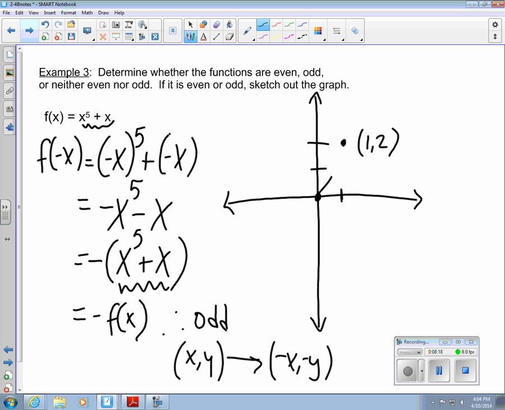And this is going to be kind of a really rough sketch. And because we know this is odd and symmetric to the origin, we also have the point negative 1, negative 2. So negative 1, negative 2. So we'll just plot that out. And that's just a really rough sketch of our graph.